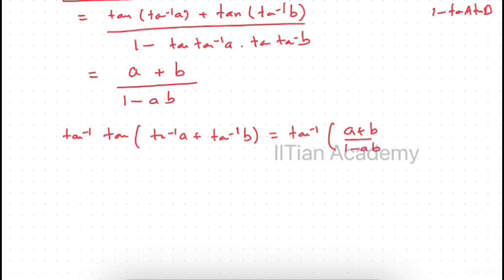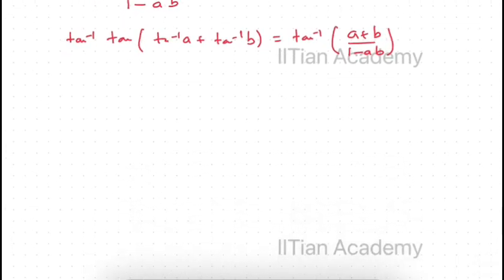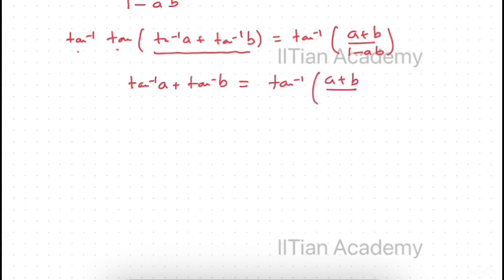Tan inverse of tan is nothing but the angle, that is tan inverse A plus tan inverse B, which equals tan inverse of (A plus B) divided by (1 minus AB). This is what we had to prove in part B.